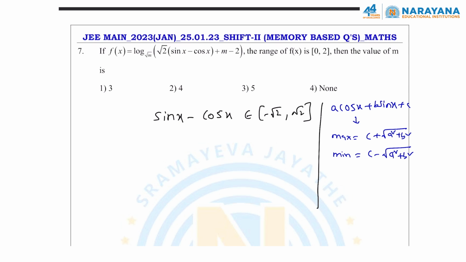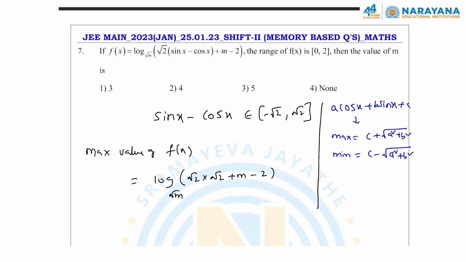So now if I take the maximum value of f of x, it will be when sin x minus cos x is maximum, so that will be log base root m of (root 2 times root 2 plus m minus 2).